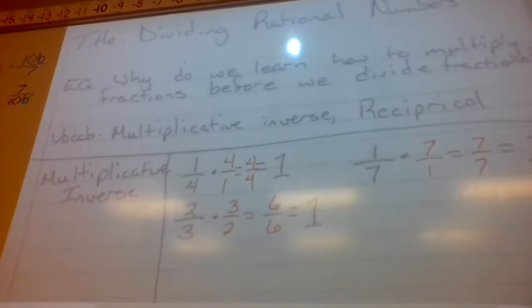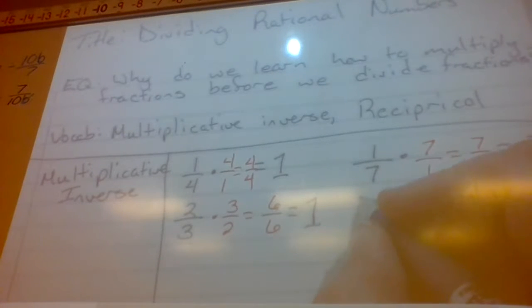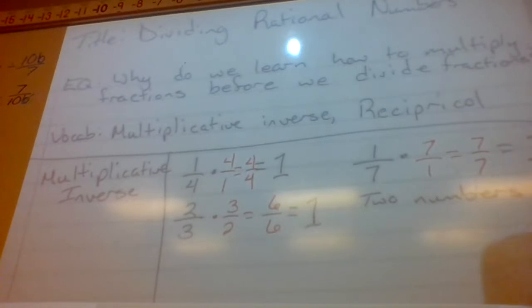A multiplicative inverse is when two numbers have a product of 1. When we have a product of 1, that gives you the multiplicative inverse.